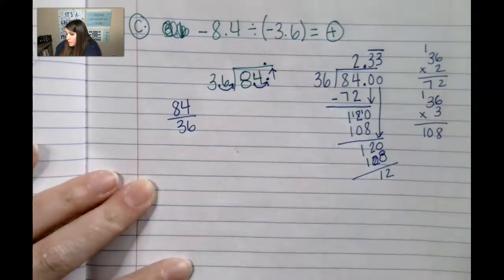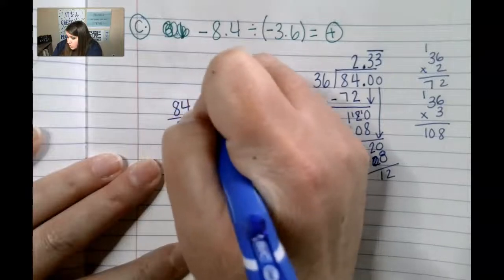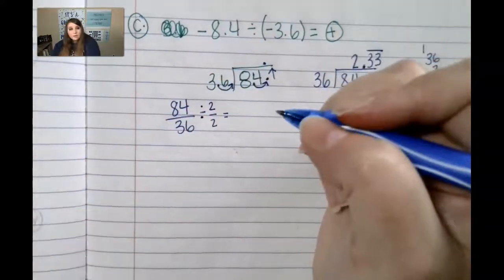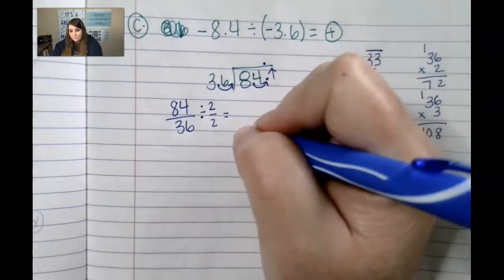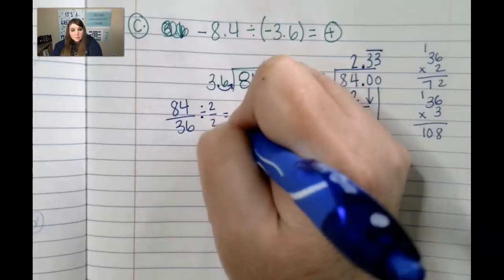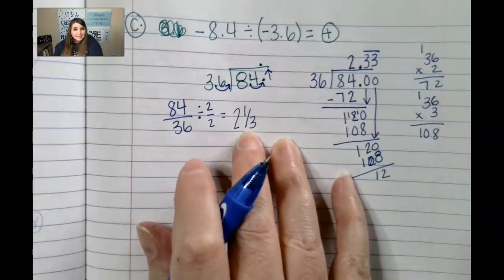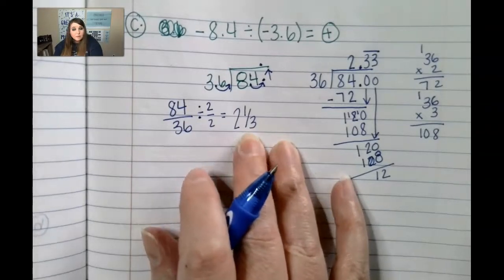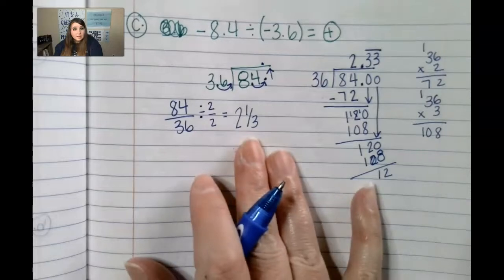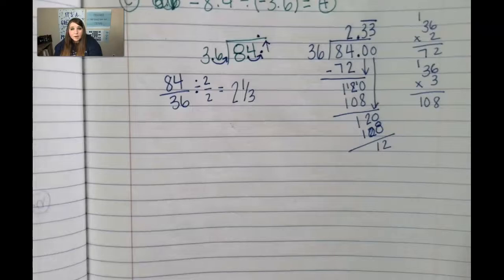Then you could just divide by 2 and just keep reducing it down until you would end up getting 2 and 1/3, which is the same. 1/3 is a decimal of 0.3 repeating if you multiply that by 10. So this process could work the same as well. Okay, so there's another way to think about that process.